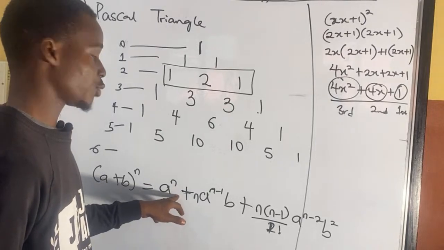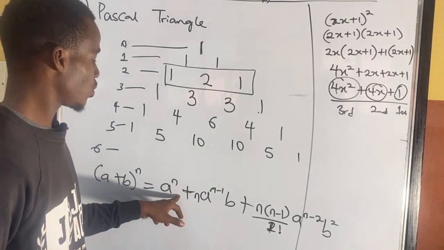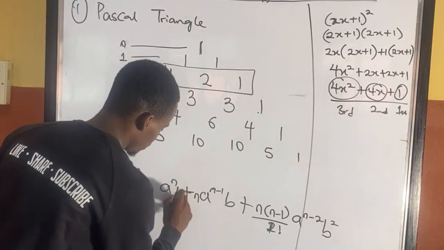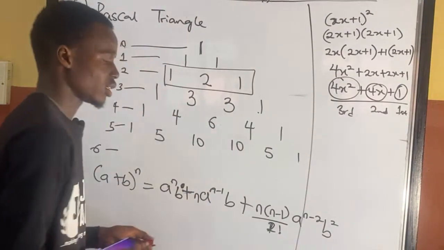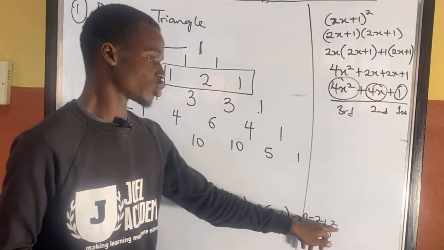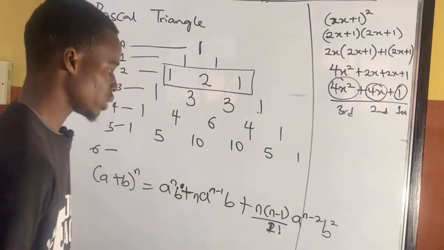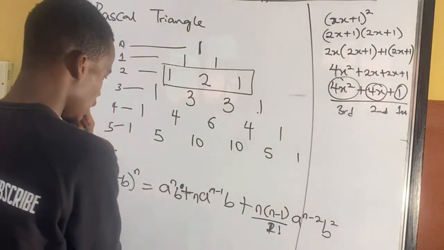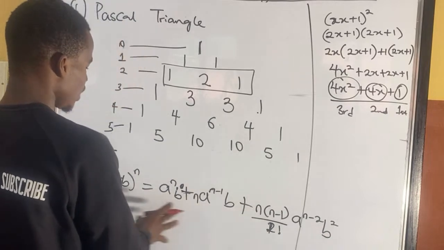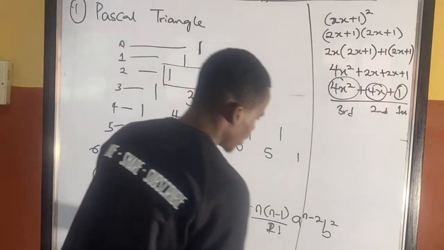B is B raised to the power of 0 here, from 0, right? That's why there's nothing here. There's actually B here, but it's B raised to the power of 0, which is what? 1. So it's moved from 0 to what? B raised to the power of 1 to what? 2. On and on and on. So this is the general binomial formula.